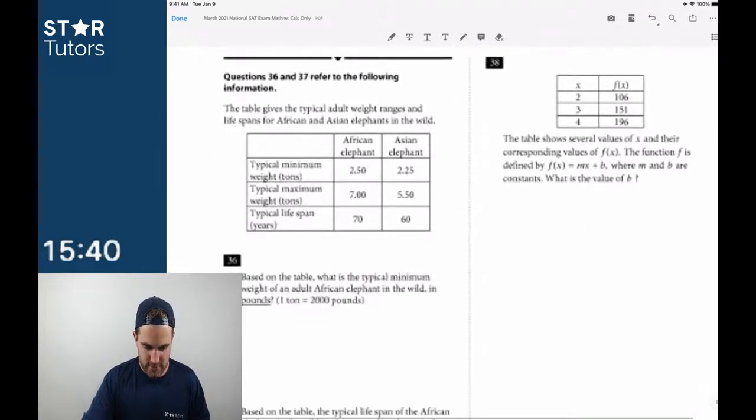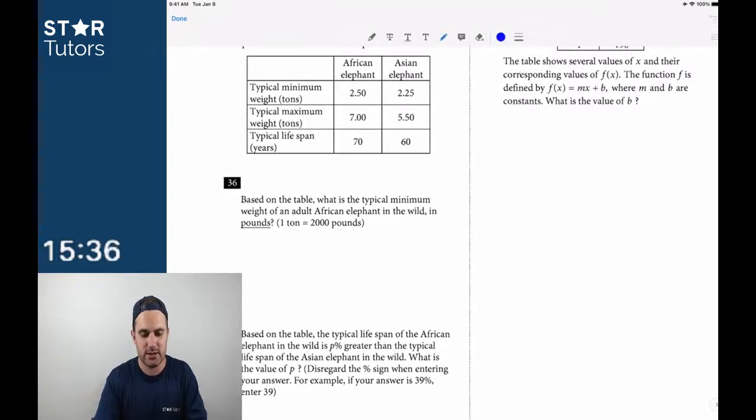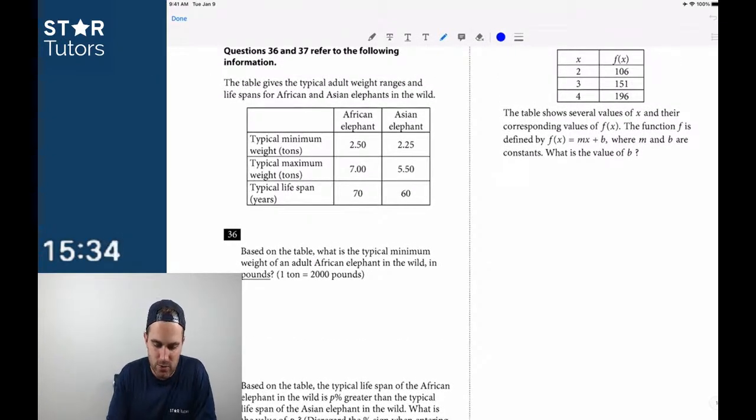What about 36? Let's see, based on the table, be careful with tables and graphs as we talked about earlier. Based on the table, what is the typical minimum weight of an adult African elephant in the wild, in pounds? The table gives the typical adult weight ranges and lifespans for African elephants. Typical minimum weight in the wild.